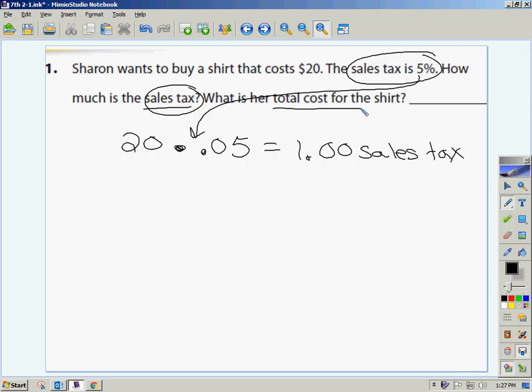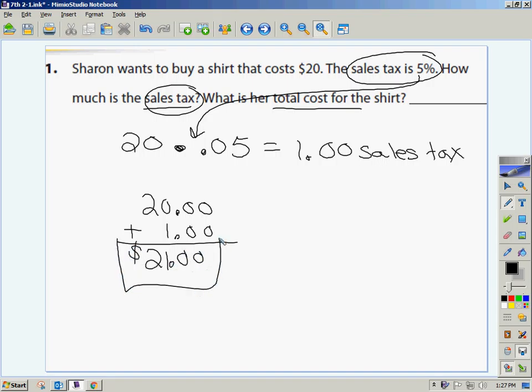How would I find the total cost? I'd add $1 to the $20 that I started out with. So there was two answers for this question. How much was the tax, and how much did I have to pay going out the door?